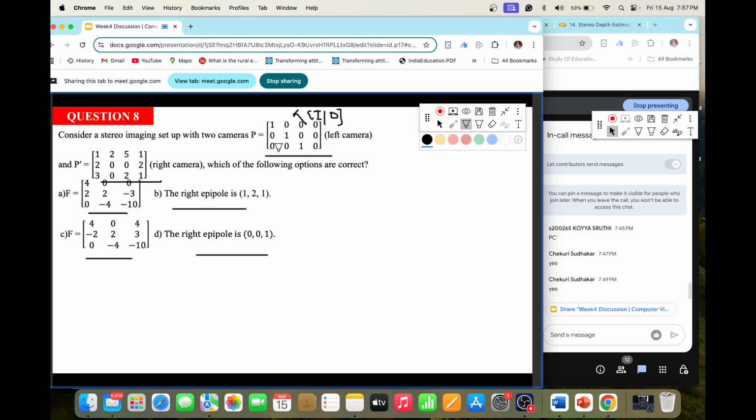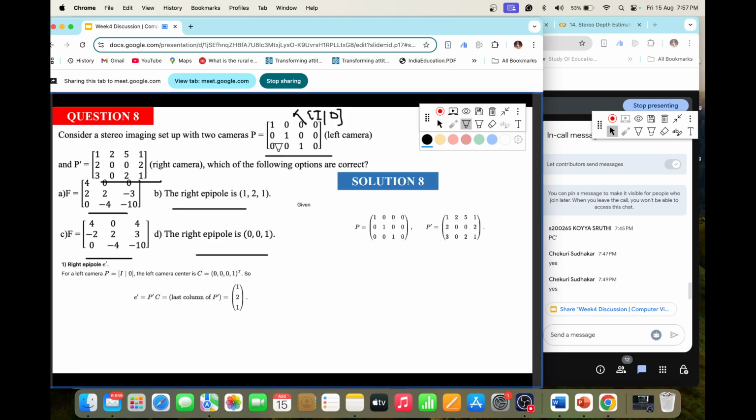So how do we solve this question? P dash is given, so to find the right epipole, we use the formula E dash equals P dash C. That is, the image of the left camera center by the right camera will be the right epipole.